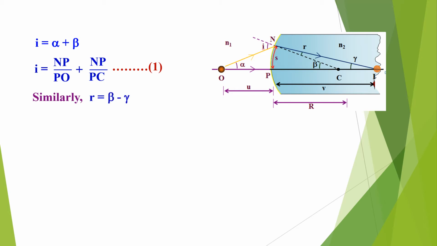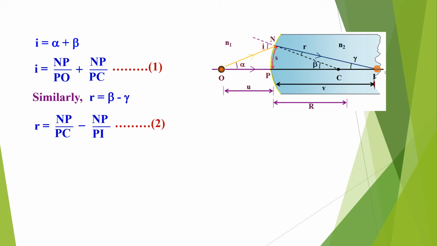Similarly, r and gamma are the interior opposite angles for the exterior angle beta. Therefore, r + gamma = beta, so r = beta minus gamma. Substituting the values, r = NP/PC minus NP/PI.